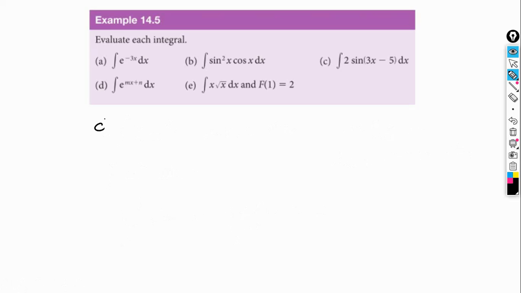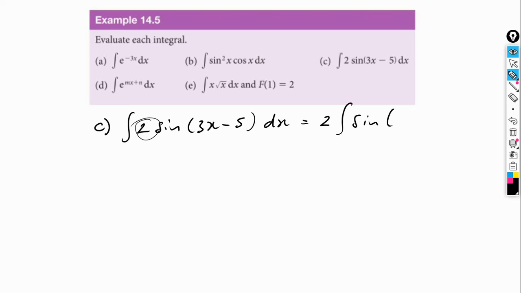So next we have c, and c says integrate 2 times sine of 3x minus 5 dx. So notice that this 2 is a constant, so we could rewrite this as 2 times the integral of sine of 3x minus 5 dx.